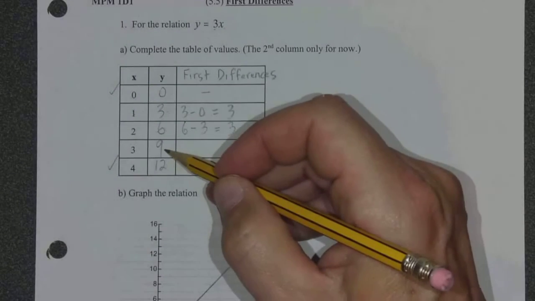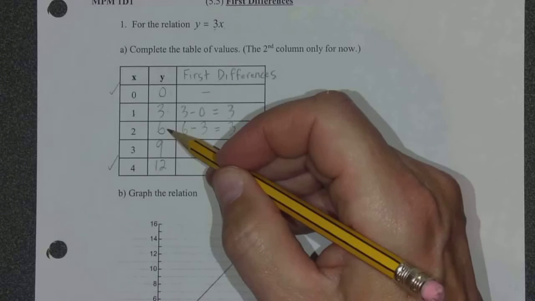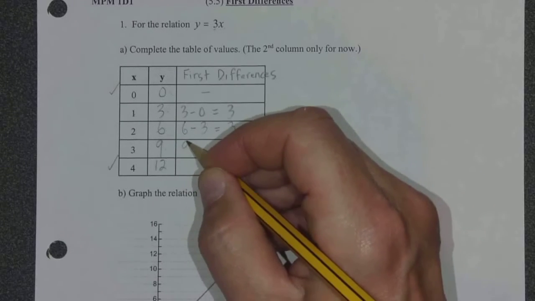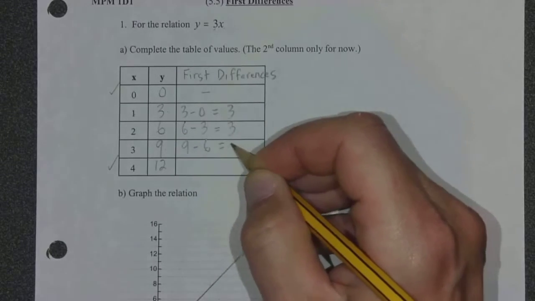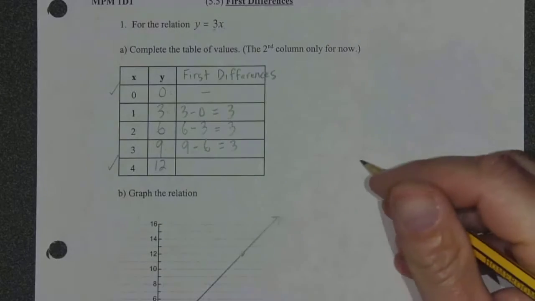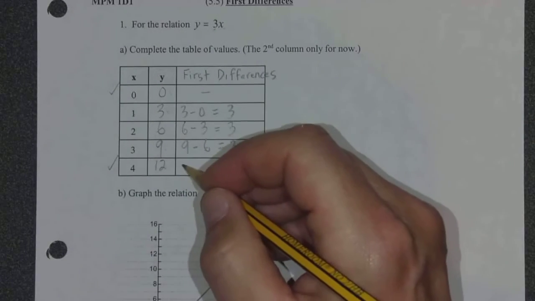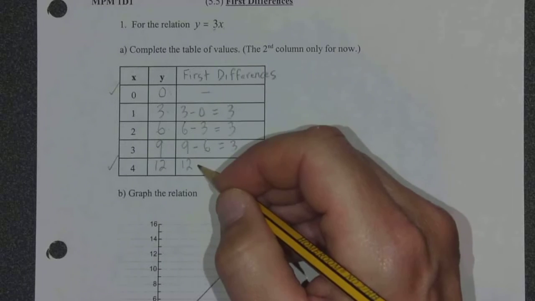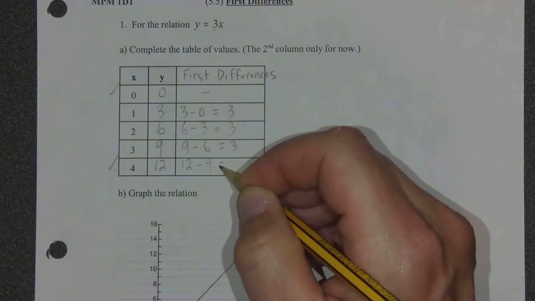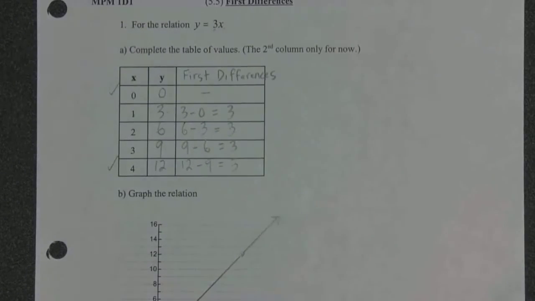We take the next one, 9, and subtract it from the previous number. And we take the last one, which is 12, subtract it from the previous number, pumps out 3.